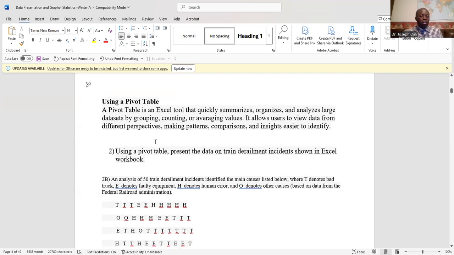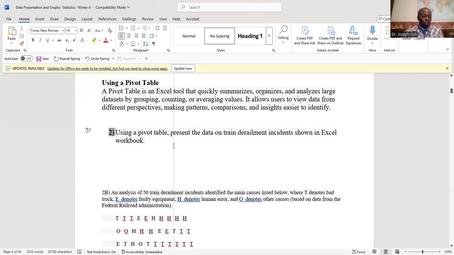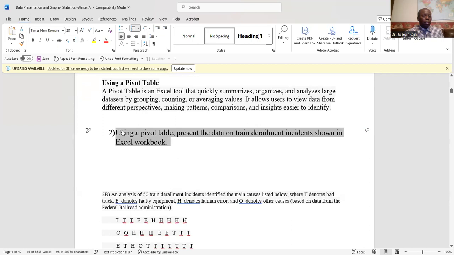So the question that I'm about to solve says, let me make it larger. Highlight it. Use a pivot table to present the data on train derailment shown in the Excel workbook.